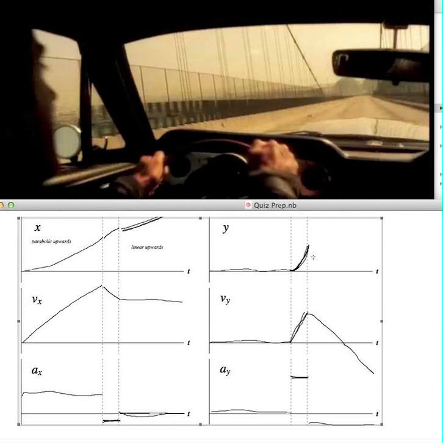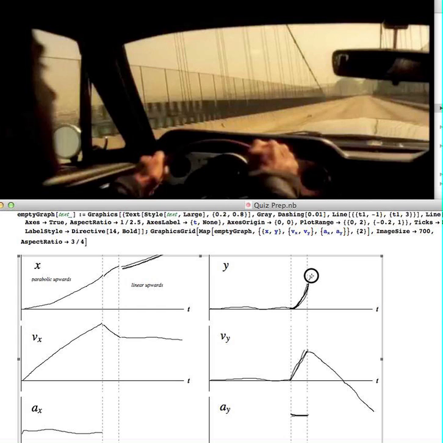The velocity starts to decrease, but in this period of time, it's still an upwards velocity. It's just a declining upwards velocity. That's because this is a parabolic downwards. I'm going to have to become better at these electronic pens.